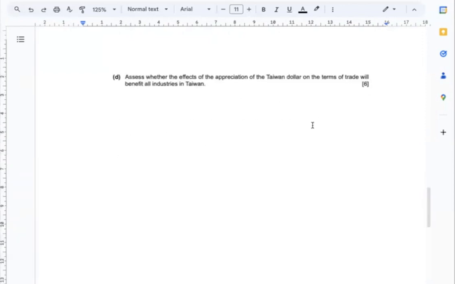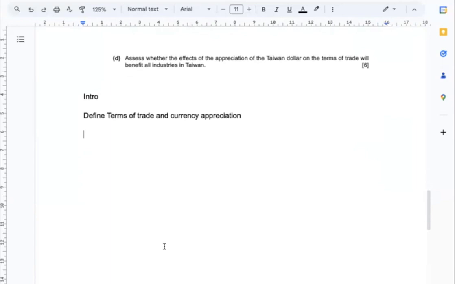Question D, assess whether the effect of the appreciation of the Taiwan dollar on the terms of trade will benefit all industries in Taiwan. I'm going to start the essay with the intro defining terms of trade and currency appreciation.